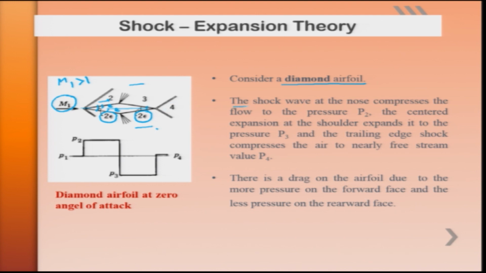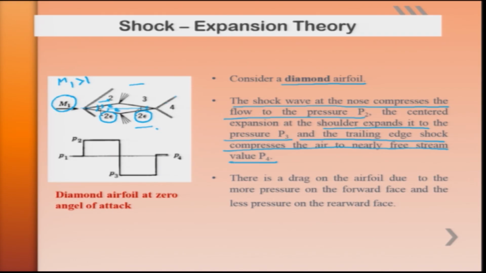The shock wave at the nose compresses the flow to the pressure P2. The centered expansion fan relaxes the pressure to P3, and the trailing edge shock wave further compresses it to P4.